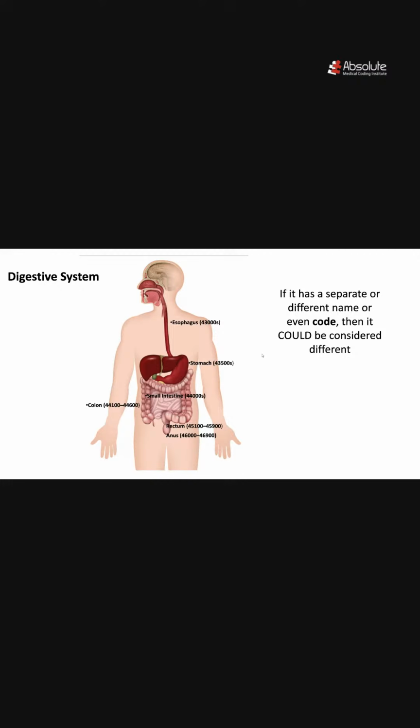So, in general, if it has a separate or different name or even a different code, it could be considered different. And modifier 59 is, I think, where we had most of the confusion because we needed to know what is different about a procedure.